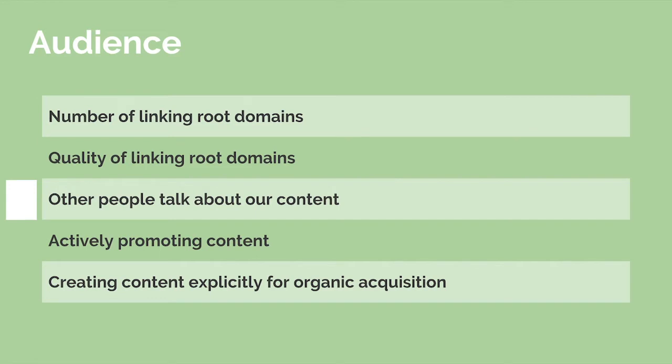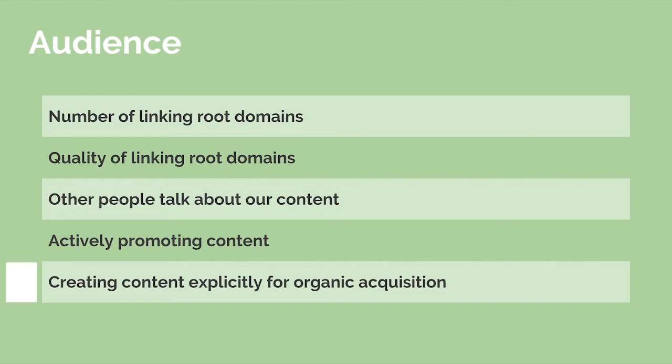The next line items are going to cover off on whether people talk about and share our content broadly, whether that be on social networks or on other websites. And then after that, we're going to look and see whether we, with our own website, are actively promoting our content, whether we're encouraging other people to share our content on social networks.